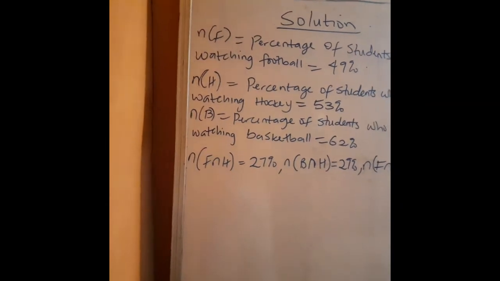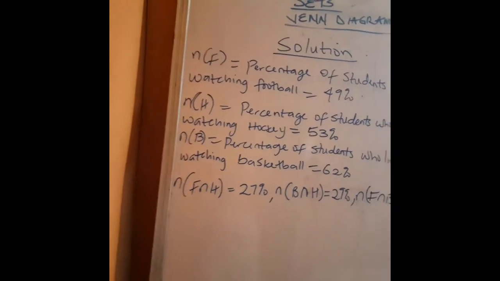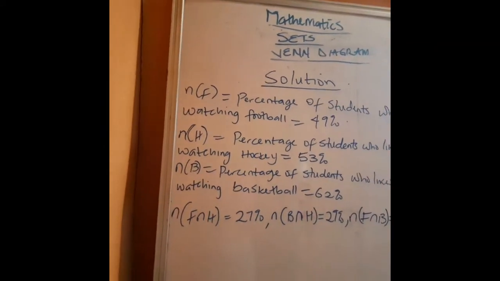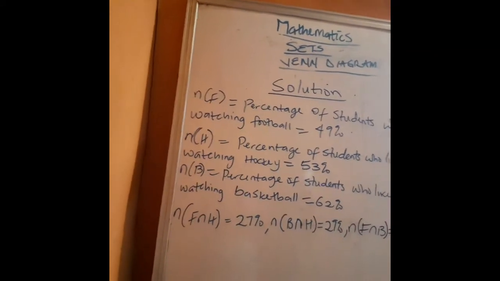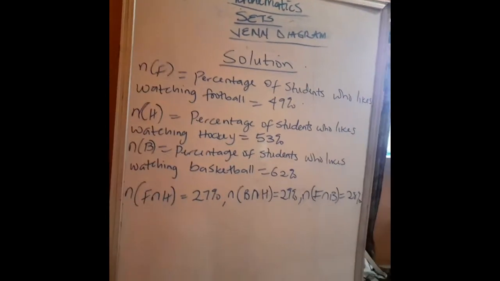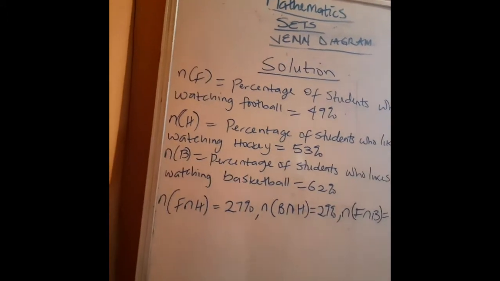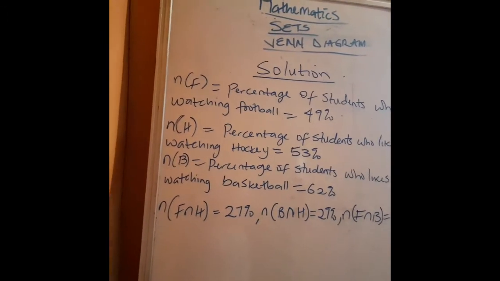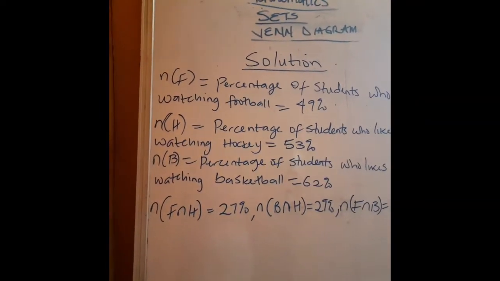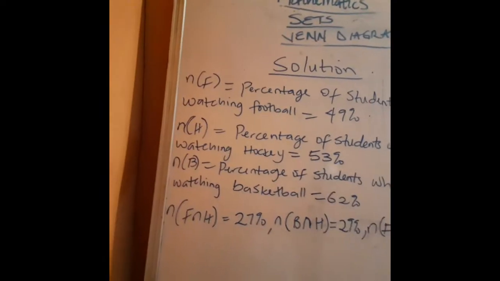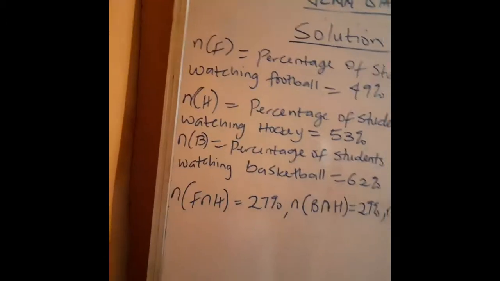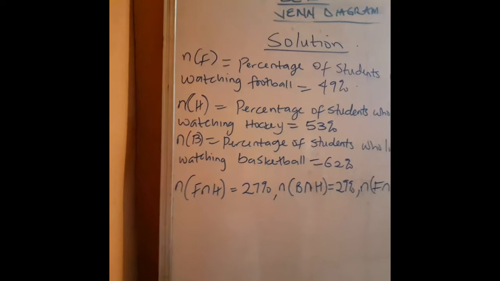So now I want to get the number of students who like all 3 elements, all 3 games, which is football, basketball, and hockey. And from the question, if you look at the question, it says 5% of students don't like any of the three. 5% don't like football, hockey, and basketball.